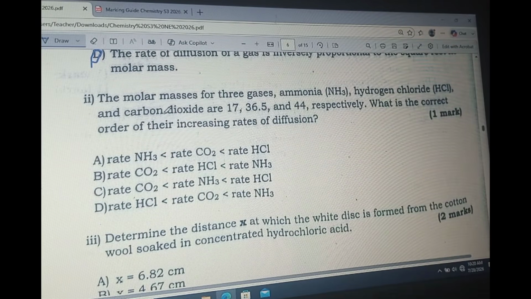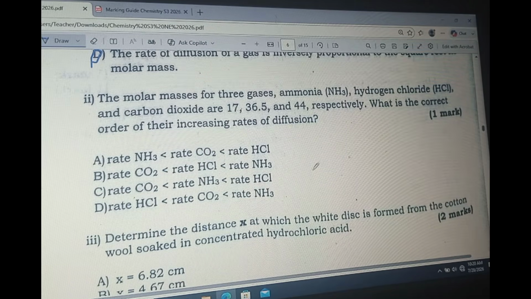II. The molar masses of three gases, ammonia, hydrogen chloride, and carbon dioxide, are 17, 36.5, and 44 respectively. What is the correct order of their increasing rate of diffusion?